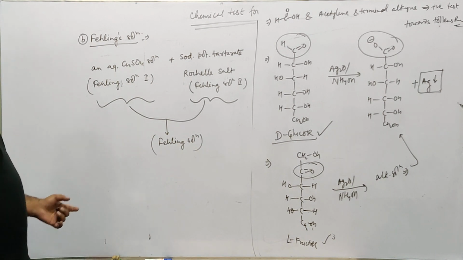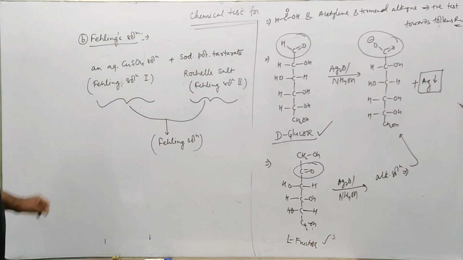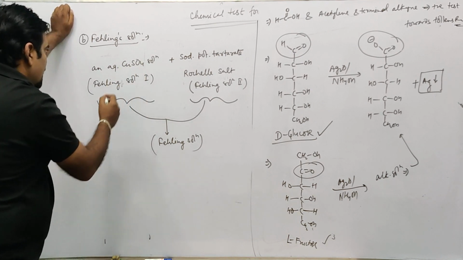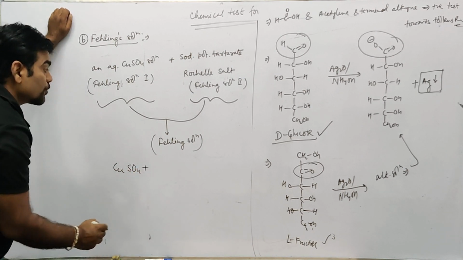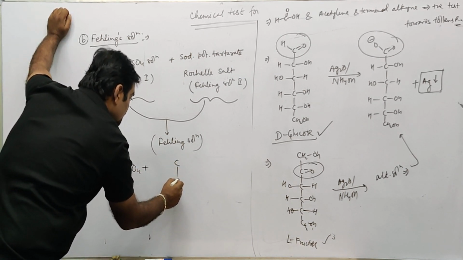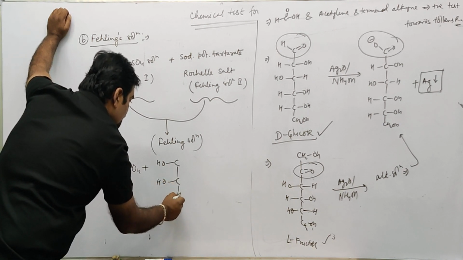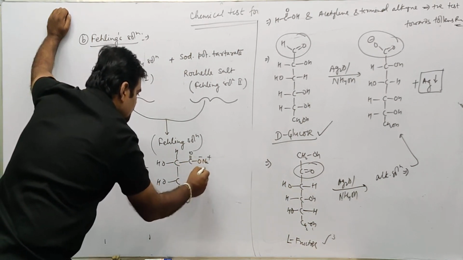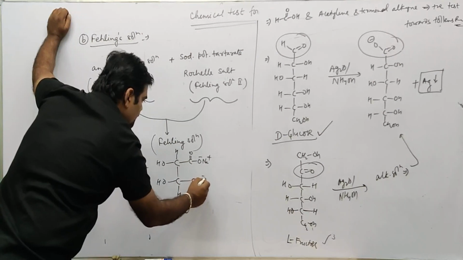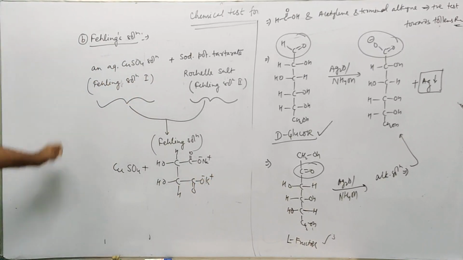This solution forms a complex with the copper 2 plus ion. How is the complex formed? Aqueous copper sulfate, CuSO4, plus sodium potassium tartarate, with CHOH, CHOH, and C double bond O minus Na plus, C double bond O minus K plus. This is Rochelle salt. They will form a complex.